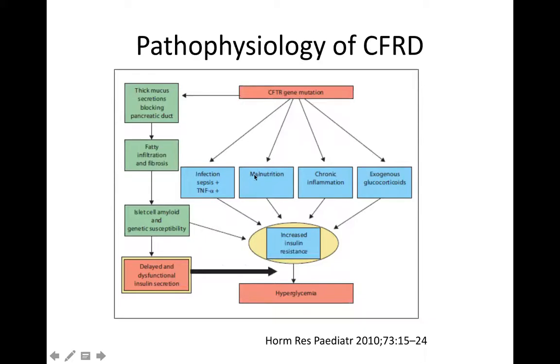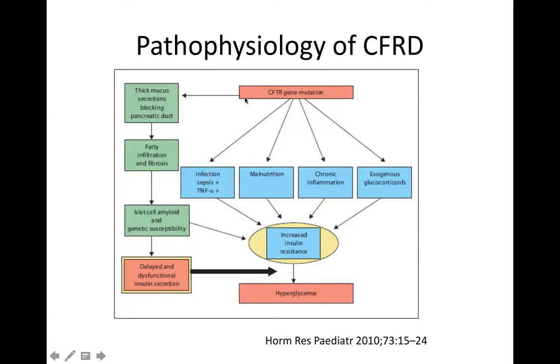There's some component of malnutrition or difficulty gaining weight. And sometimes there's infections or increased illness, which is called sepsis. All of those things make the insulin that you're making not work as well. This is called insulin resistance. And if your insulin is not working as well, then you develop something called hyperglycemia, or high blood sugars.